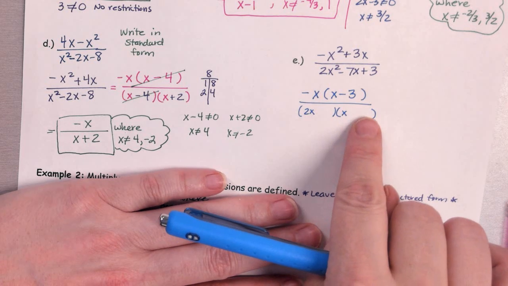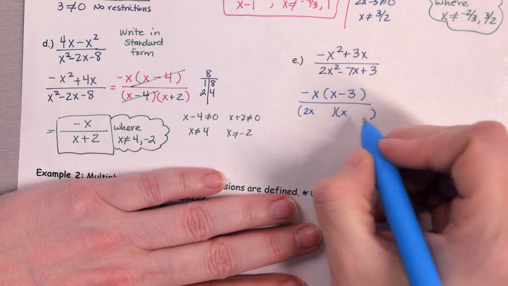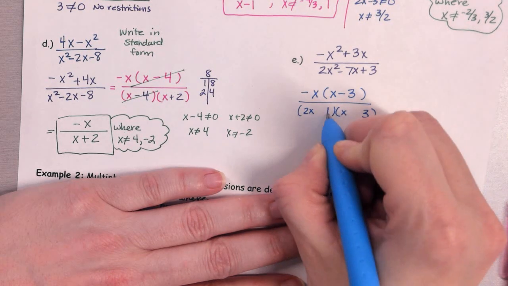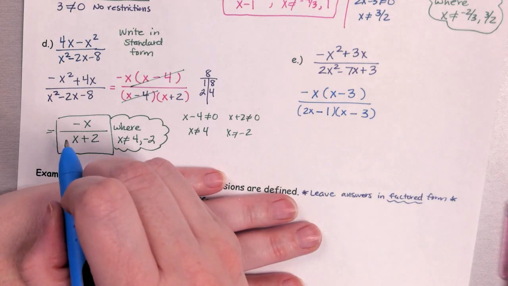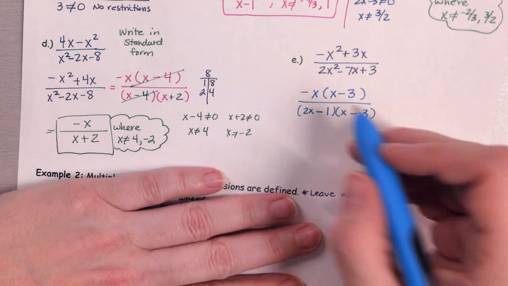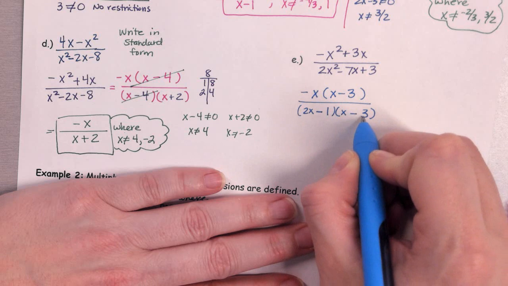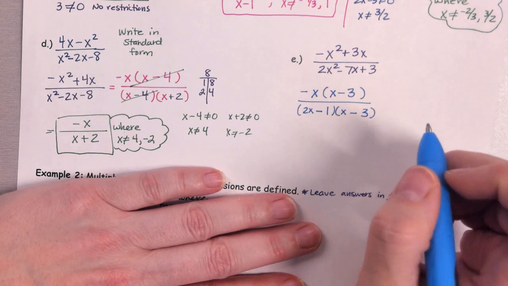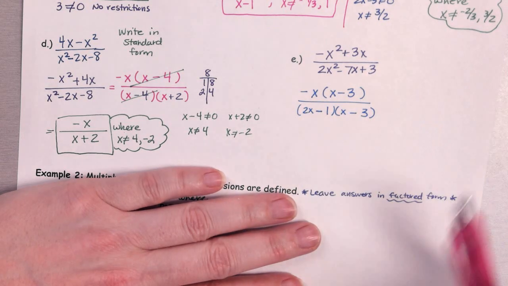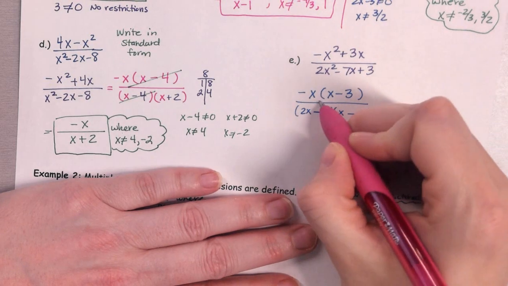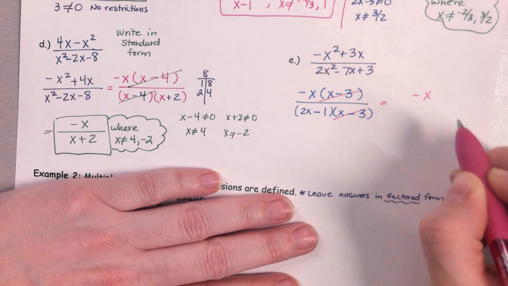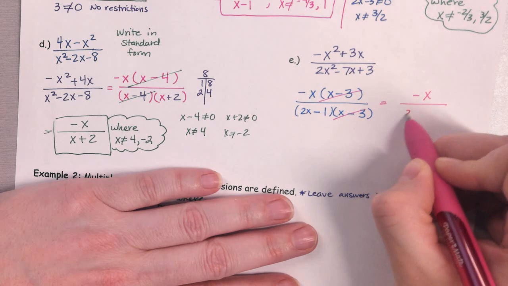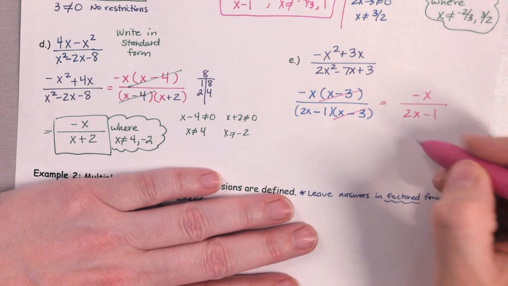Okay, so you got to put the 3 here so that you can multiply it by the 2. And then this is negative, so both of these have to be negative. Okay, so this would be negative 1 minus 6, which would add to negative 7. Okay? All right, so now we can cancel x minus 3 and x minus 3. So you have negative x on the top over 2x minus 1.